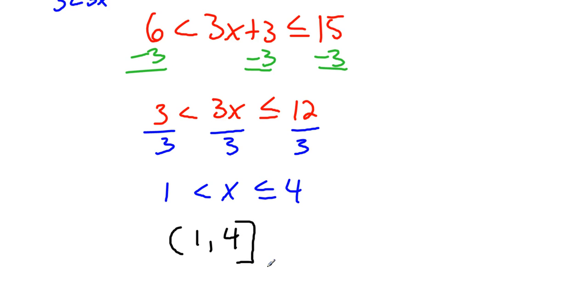So if it's all sandwiched together, once you solve it, that's the beginning and that's the end, and you use either a parenthesis or a bracket based on whether you have the bar underneath or whether you don't. And that way you don't have to graph this one. If you get used to that, this one's actually better because there's no graph needed. Once you've got your two numbers, that's your two numbers in interval notation.